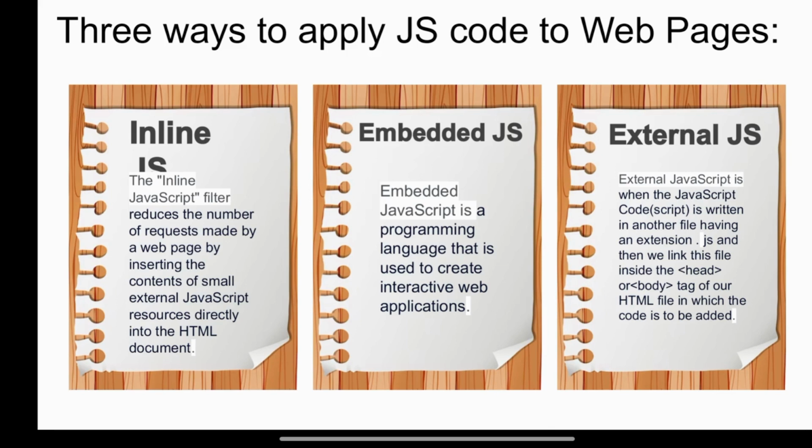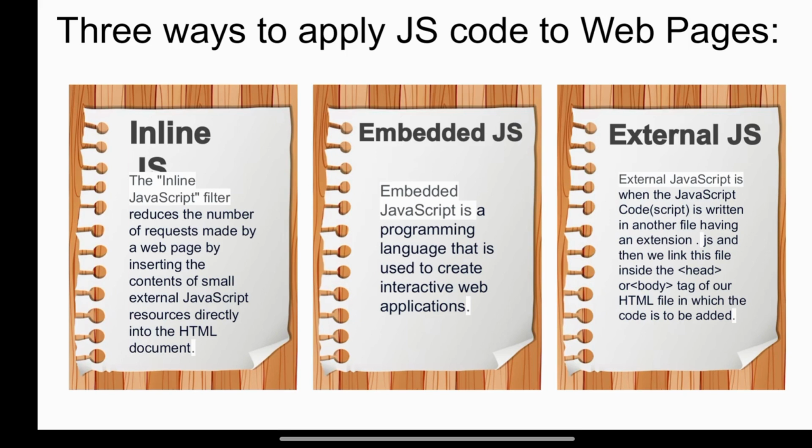The inline JS, the inline JavaScript filter, reduces the number of requests made by a web page by inserting the contents of small external JavaScript resources directly into the HTML document. Embedded JavaScript is a programming language that is used to create interactive web applications.